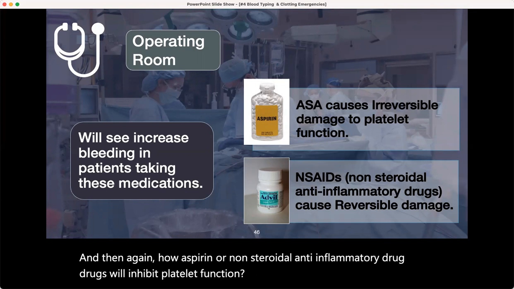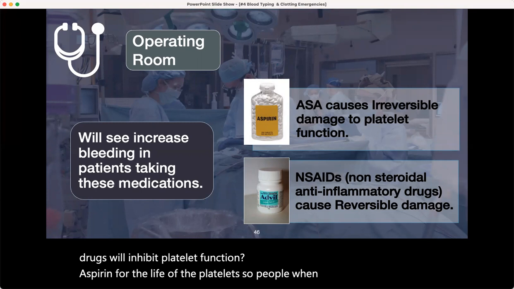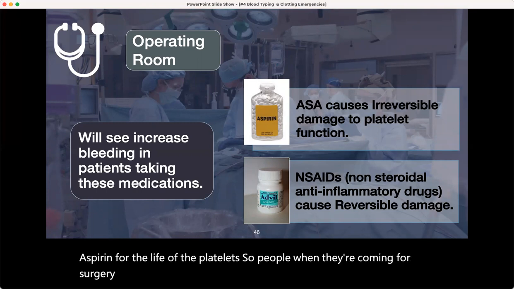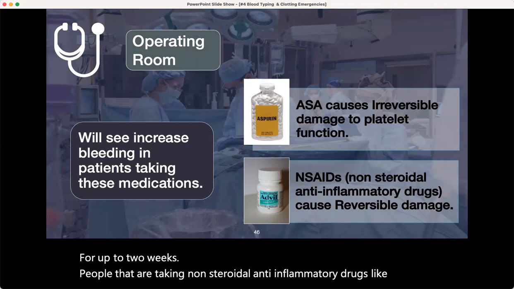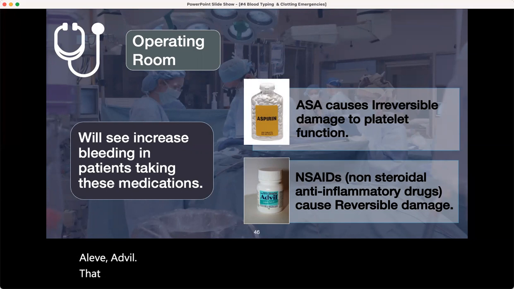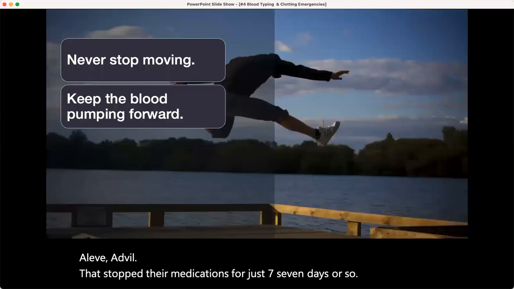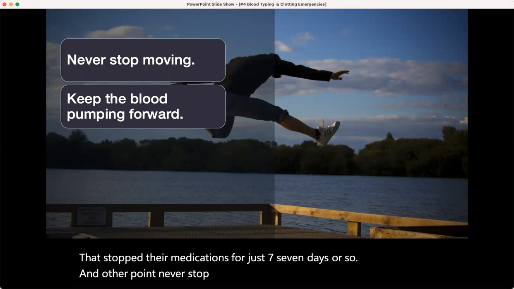Aspirin for the life of the platelet, so people coming for surgery will be recommended to stop their aspirin for up to 2 weeks. People taking non-steroidal anti-inflammatory drugs like Motrin, Aleve, Advil stop their medications for just 7 days or so. And another point: never stop moving and always keep your blood pumping forward.